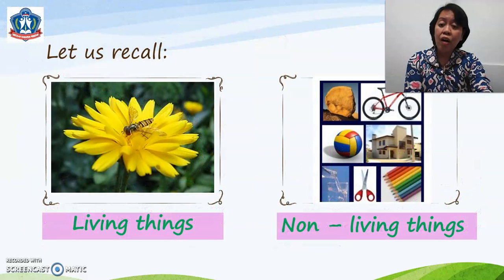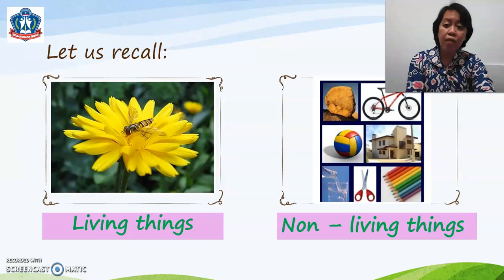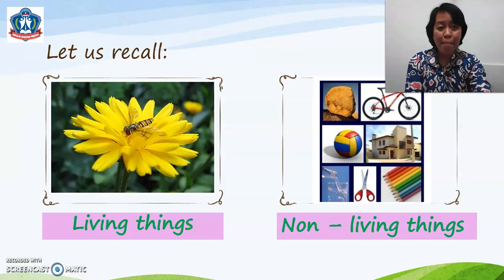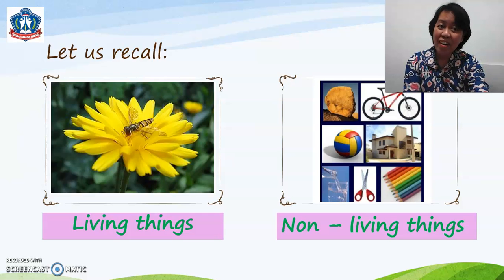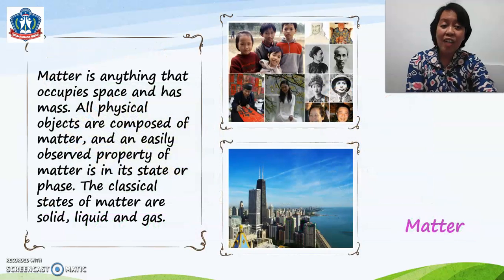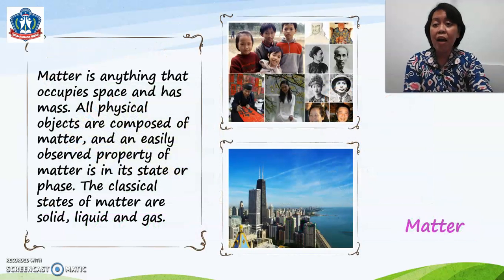So let us recall, here are pictures of living things and non-living things. When we were in P3, we had learned that living things and non-living things are made up of matter. Do you still remember? For our lesson proper, matter is anything that occupies space and has mass.